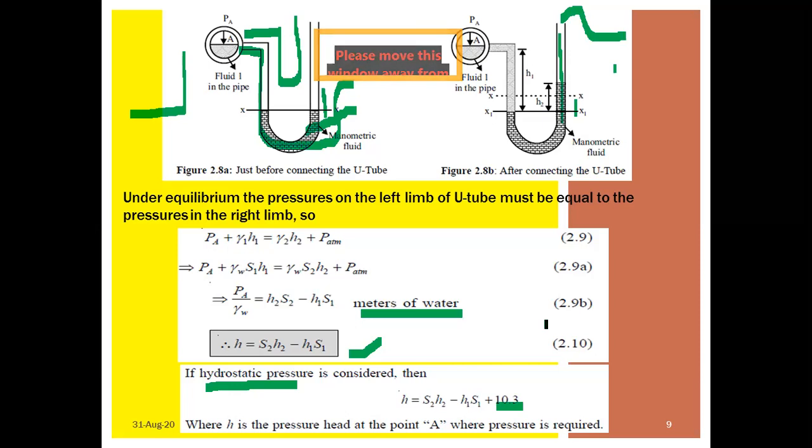So this is what happens in the U-tube manometer. Whenever you are using a normal U-tube manometer without the hydrostatic pressure, the formula is H equal to S2 H2 minus H1 S1. Whenever the hydrostatic pressure is used, H is equal to S2 H2 minus S1 H1 plus 10.3 should be added, where H is the pressure head at point A, right?